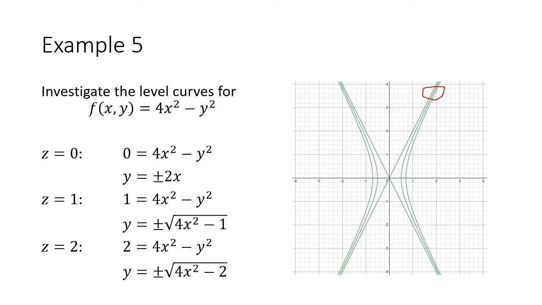So I'm going to have a maximum rate of change towards, I guess, almost the four corners of what I drew. These are where the level curves are closest together. That means that's the maximum rate of change. It's going to be very steep there, whereas towards here around the origin, they're further spaced, which means it's going to be less steep there.